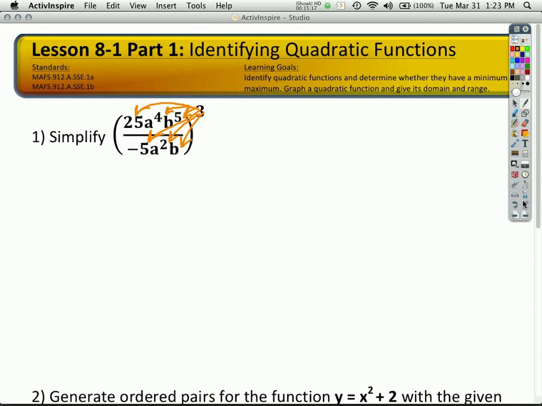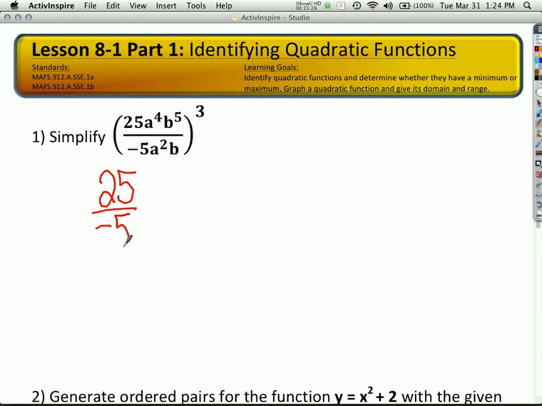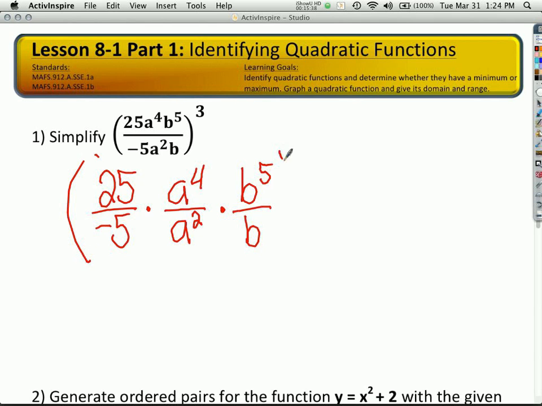Or some of my students just had no idea. So let me propose this. What if I had written the question like this? Would that have made a difference for you?